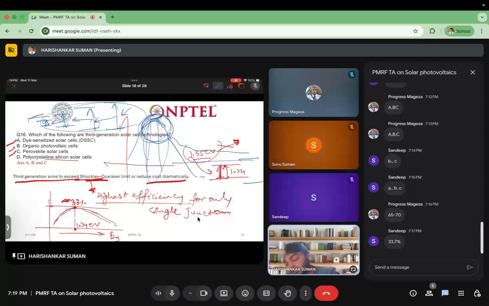But this process is highly costly. We have to stack multi junction cells one by one, so it will take huge cost and advanced technology. Okay.